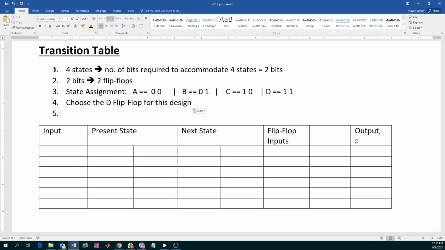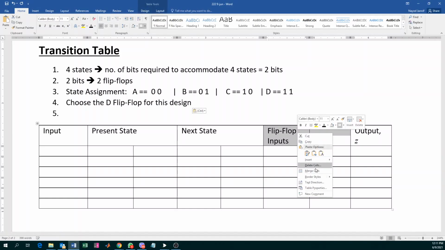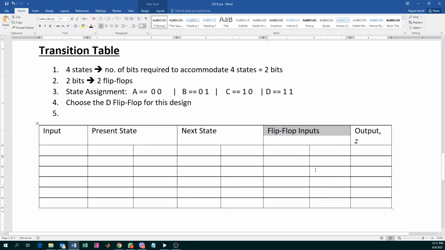What else about the D flip-flop, guys? Let me just pick up the D flip-flop table from our Moodle shell. One second, guys.